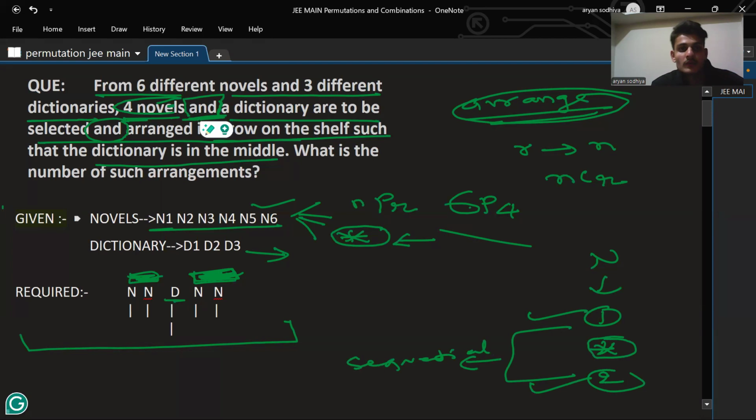So 4 novels, in how many ways can you arrange them? 6P4. And in how many ways can you select this one dictionary? 3. Obviously, you need to select one out of the 3.